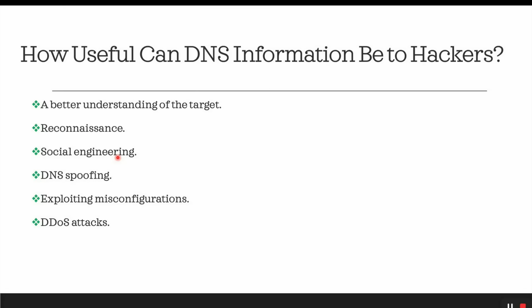DNS can also be useful in social engineering attacks, believe it or not, because hackers can gather information about organization employees, like their email address structure. For example, the email could be first name dot last name at company.com, or the first letter of the first name and then the full last name. So they get an idea about the type of structure they have.